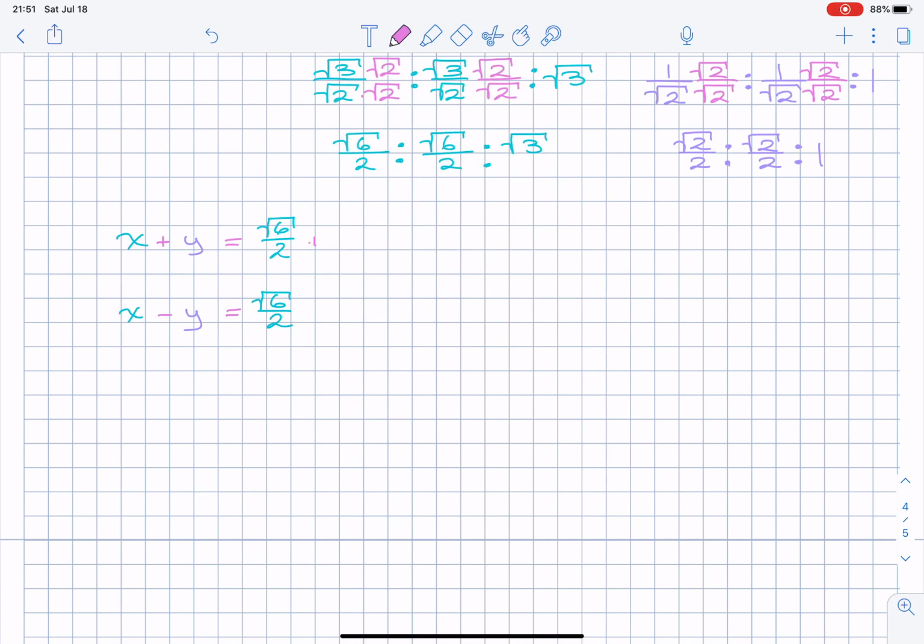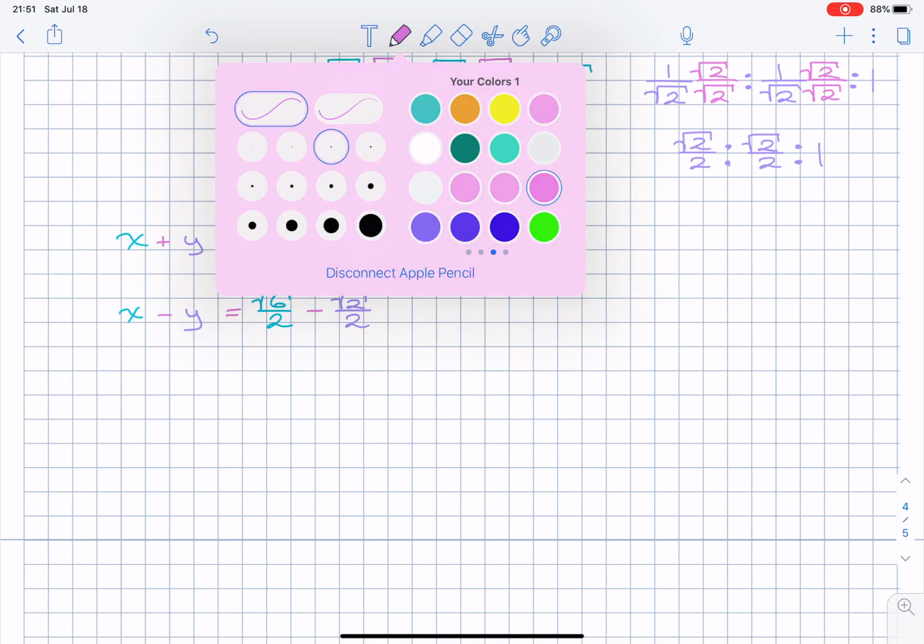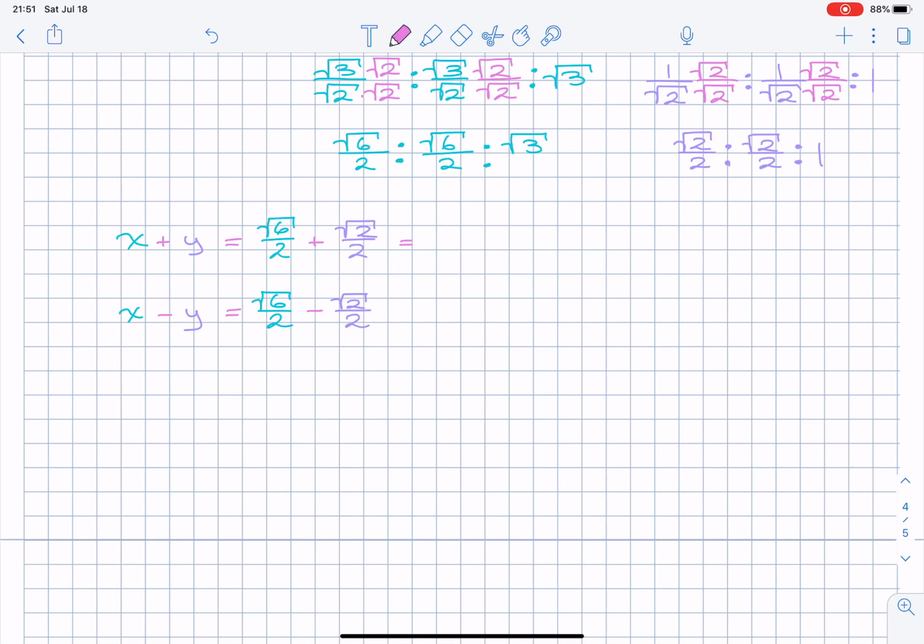And in the first case, we're going to add. In the second case, we're going to subtract y, which we found to be the square root of 2 over 2. Okay, so x plus y will be the square root of 6 plus the square root of 2 all over 2, because they have a common denominator 2. And in the second instance, it'll be the square root of 6 minus the square root of 2 all over 2.